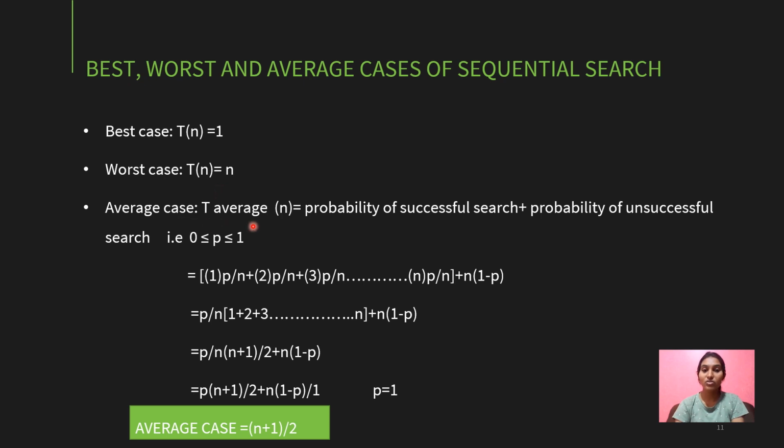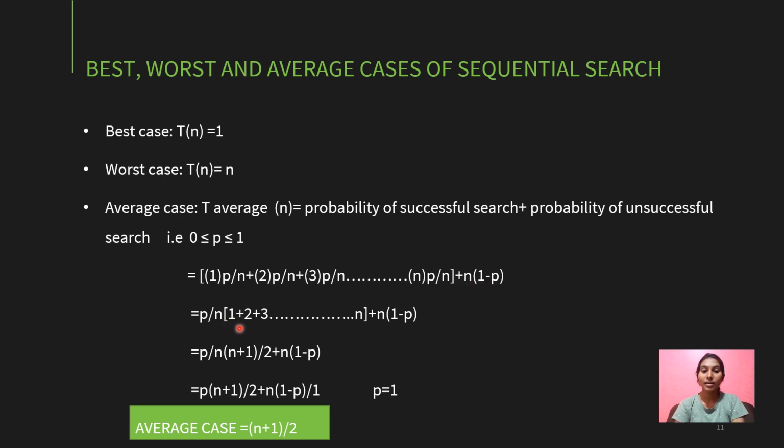For the average case, we have two probabilities, that is probability of the successful search and probability of unsuccessful search. So we take p such that p is greater than or equal to 0 and lesser than or equal to 1, and we multiply p by n into 1, p by n into 2, p by n into 3 and so on, n into p by n, plus n of 1 minus p.